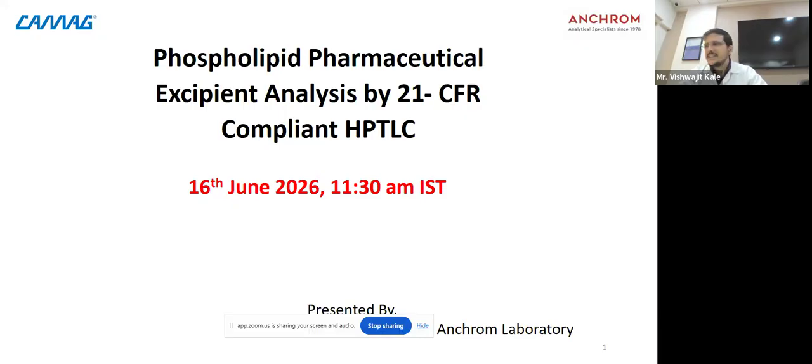Then LCMS nearly 11%, HPLC 22%. Those are all huge numbers. But HPTLC is the first choice as per this poll, and these numbers are changing now. HPTLC wins here. Most of the participants are using HPTLC methods for the analysis of phospholipids as a primary method.